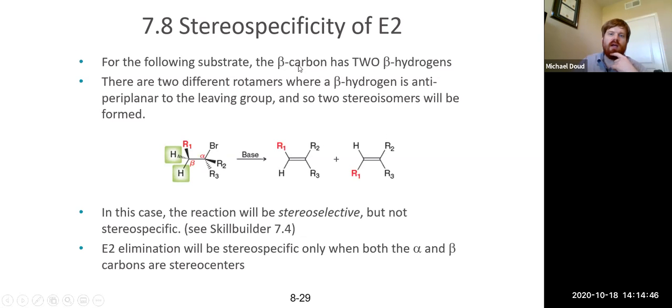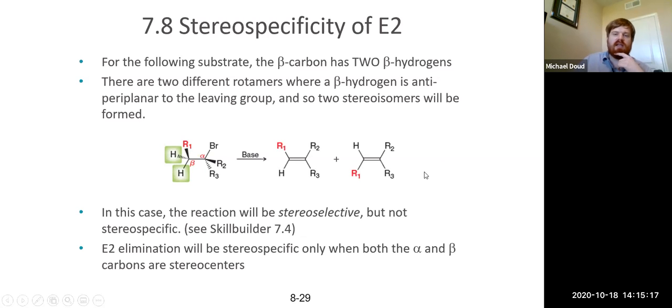Now in this case, this one here, we have two different beta hydrogens. So there's two different rotamers that are possible. And in this case, you will get a mixture of the two possible products, because depending on which way this is rotated, if you look at the Newman projection, it'll tell you it's going to be on the top or it's going to be on the bottom.